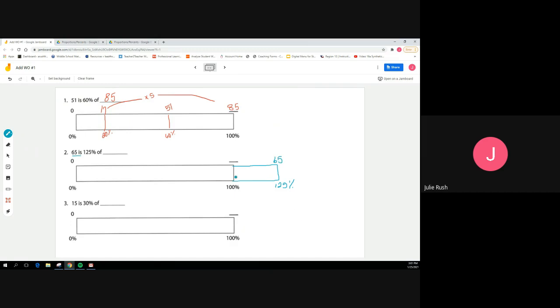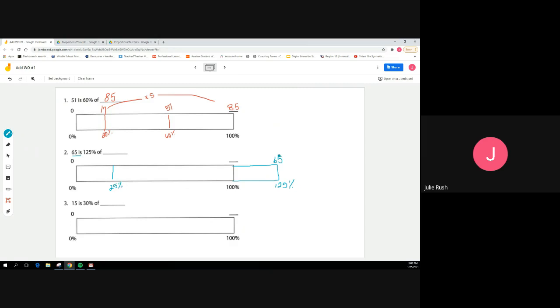Now, I know that 25 fits into 100 4 times, right? Because there's 4 quarters in a dollar. So if I have $1.25, I have 5 quarters. And so I divided this number by 5, and that gave me 25% here, like so.